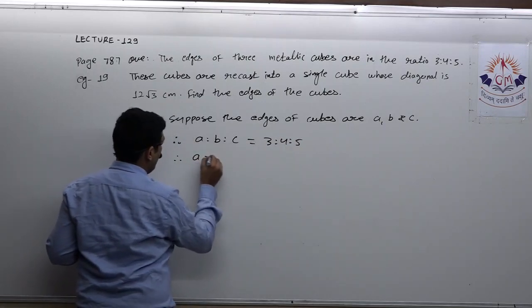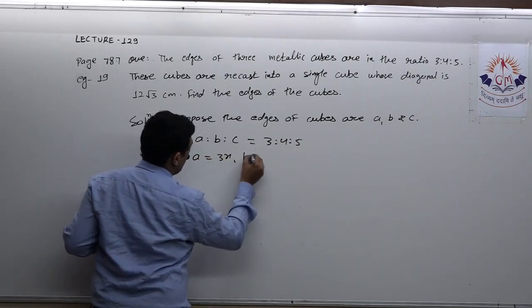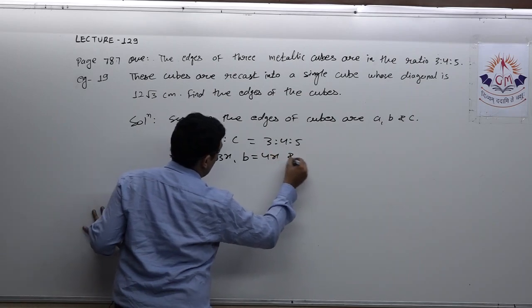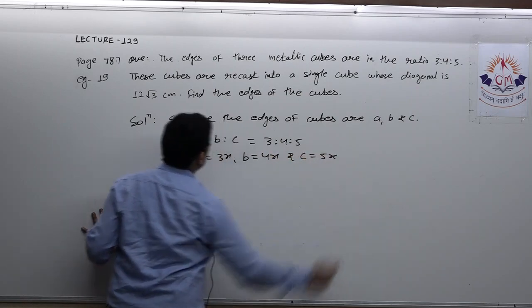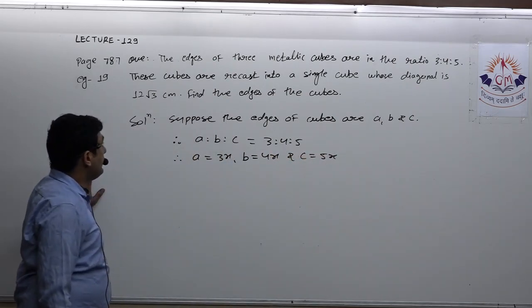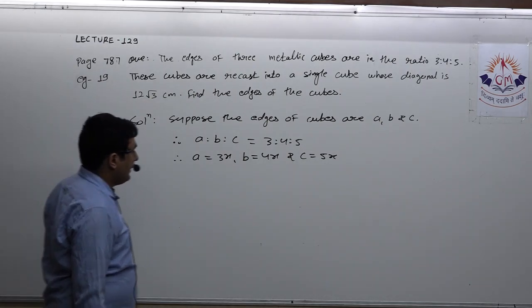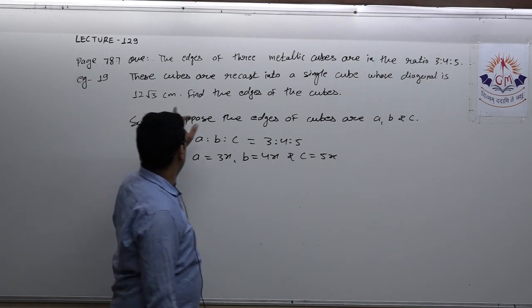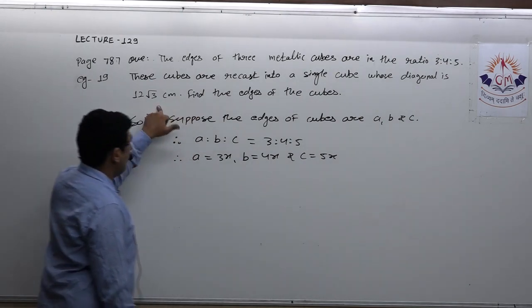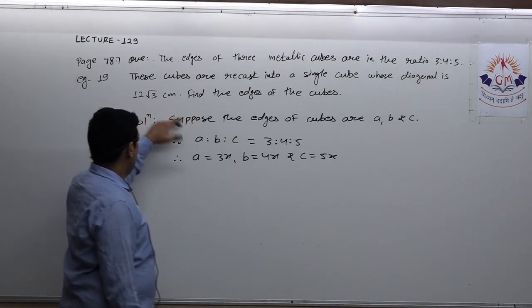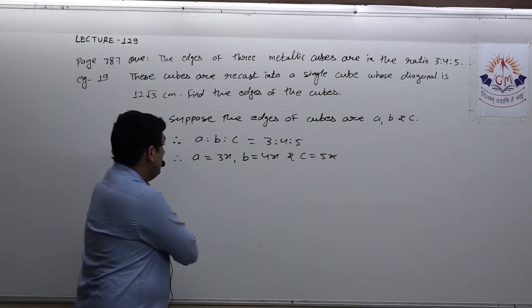And hence I can say A equal to 3x, B is equal to 4x, and C is equal to 5x. Now, these cubes are recast into a single cube. So, we can say volume of that single cube must be equal to volume of these three cubes.